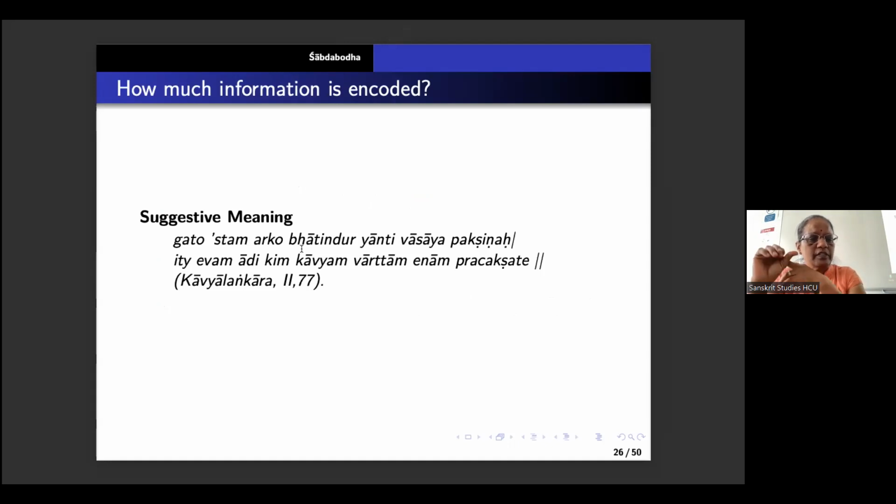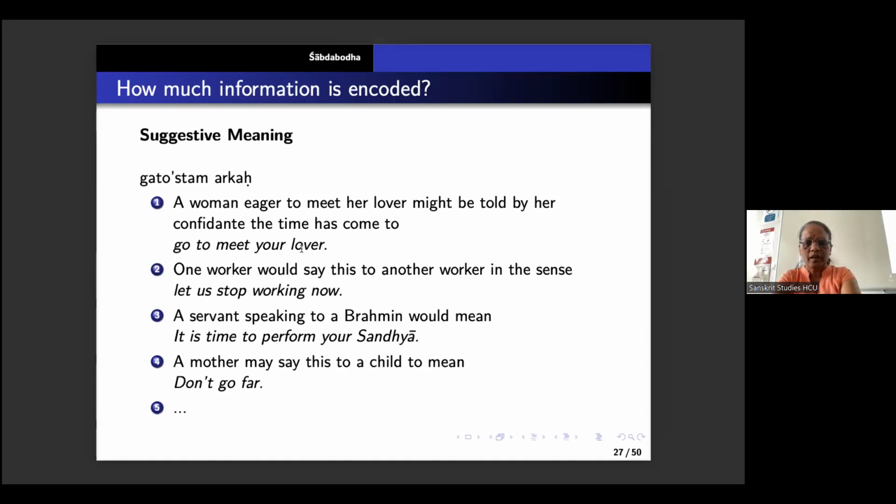And now we come to the suggestive meaning. I will directly go to the example. The example is gatostam arkah, which means the sun is setting. Now, when somebody says this, maybe a woman eager to meet her lover might be told by her confidante, the time has come to go and meet your lover.